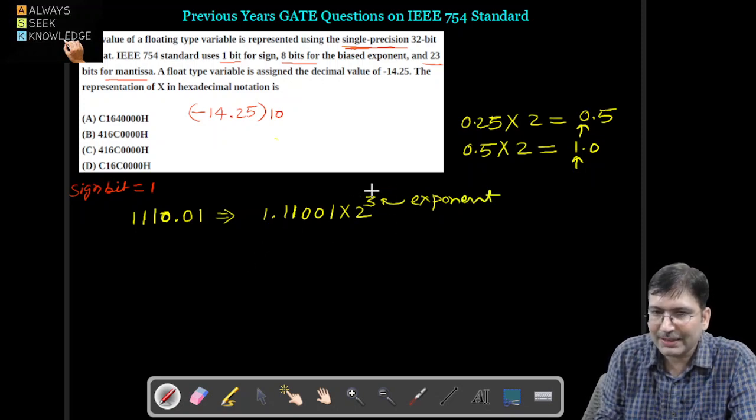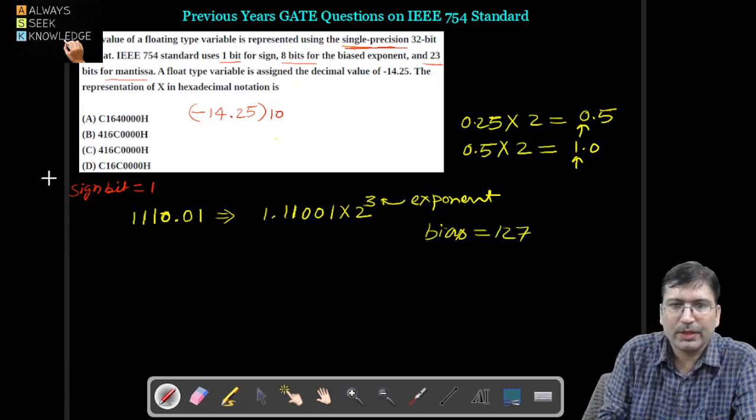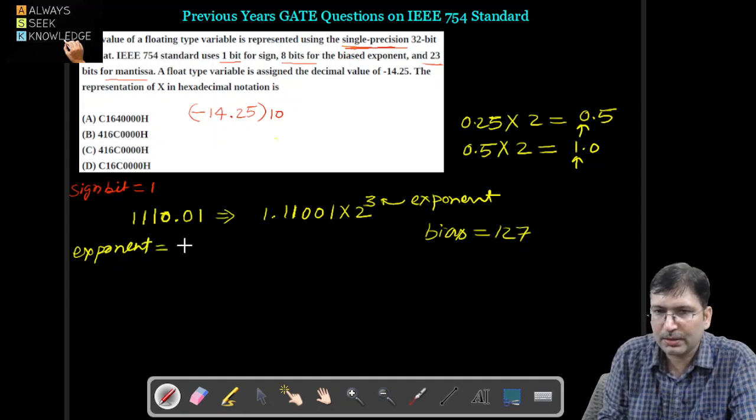When we normalize it, we need to add the bias, and the bias value in single precision is 127. So the exponent needs to be represented as 3 plus 127, that is 130.